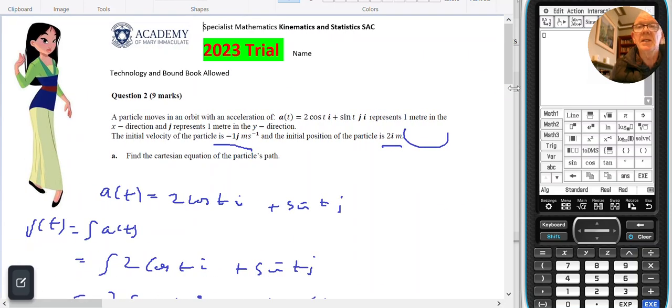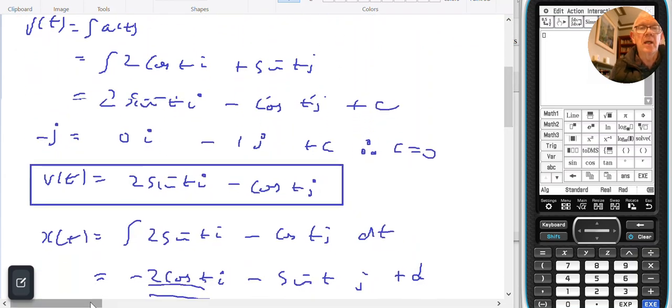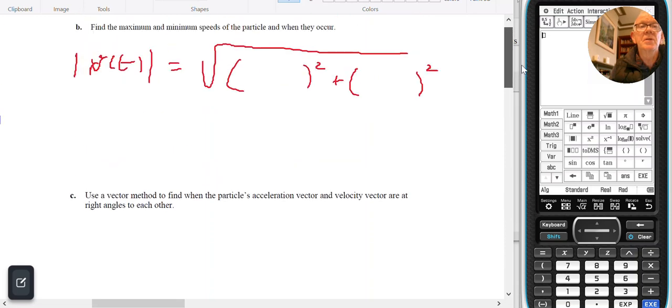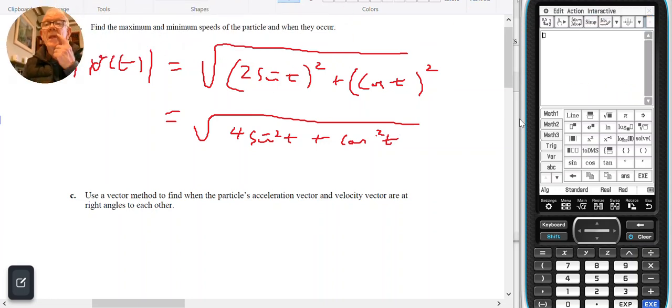My velocity is 2sin(t) i - cos(t) j, so it's going to be the square root of 4sin^2(t) + cos^2(t). I'm looking for the maximum and minimum and when they occur.